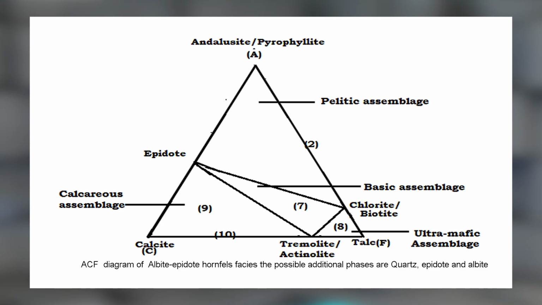For detailed study of thermal metamorphism of calcareous rocks, we have to summarize the albite-epidote hornfels facies to sanidinite facies. In figure 1, the ACF diagram of albite-epidote hornfels facies, the possible additional phases are quartz, epidote and albite.